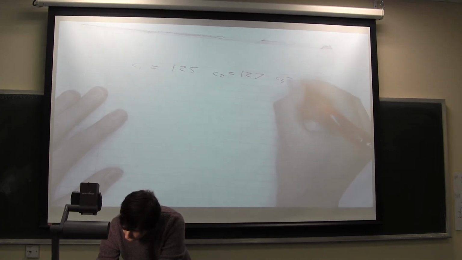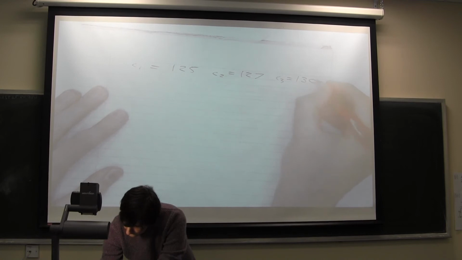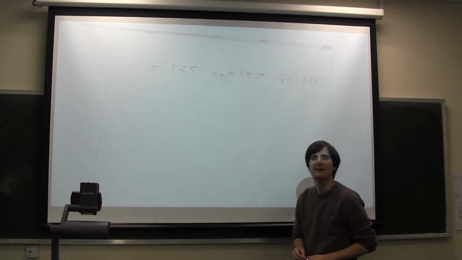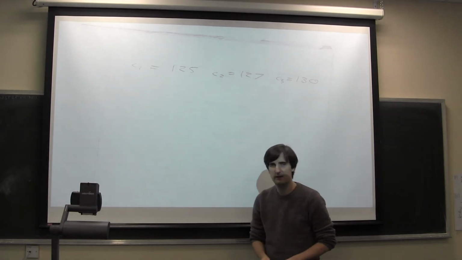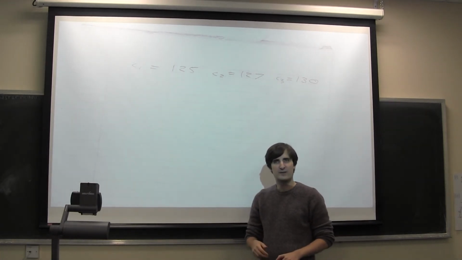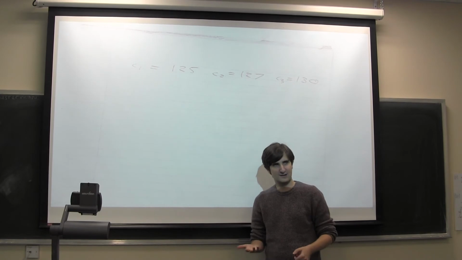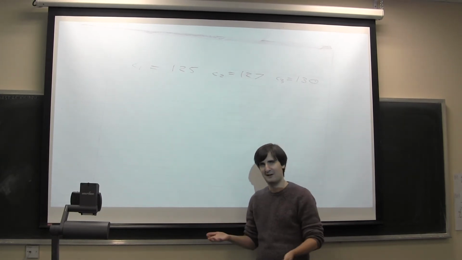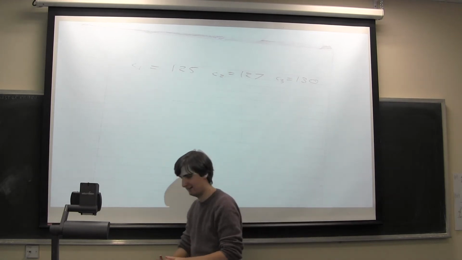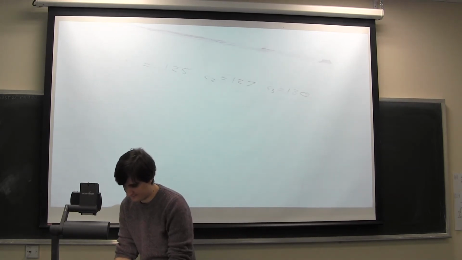Third firm has marginal cost of 130. Those are numbers that I've used before. So the question was about how we find the Nash equilibrium, and how we know we found the Nash equilibrium when we have one. Is that a fair assessment?